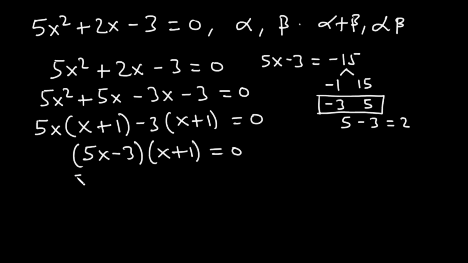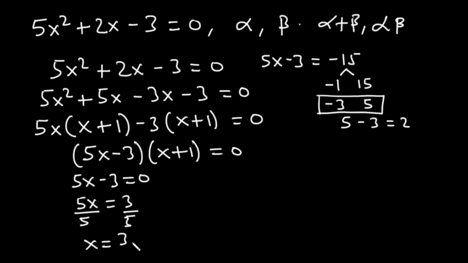Now we have 5x minus 3 is equal to 0, and then we transpose negative 3 to the right hand side, and we have x is equal to 3 over 5. Now for the second root, x plus 1 is equal to 0, x is equal to negative 1. So we have x is equal to 3 over 5 and x is equal to negative 1. So let's say this is alpha and this is beta.